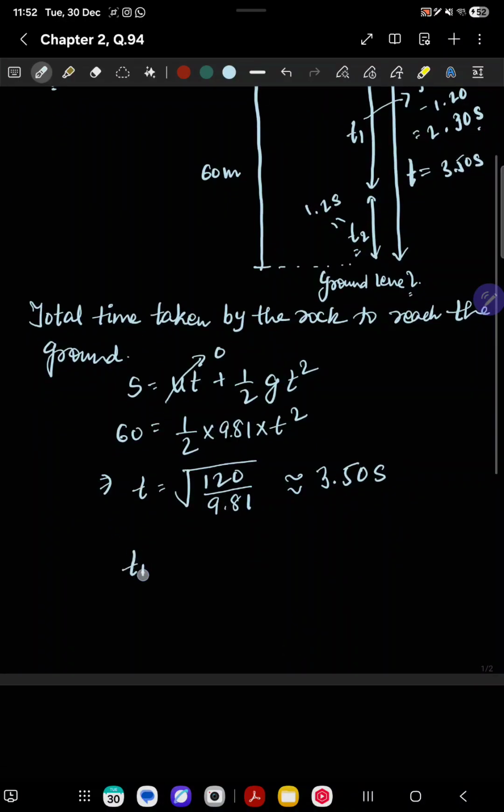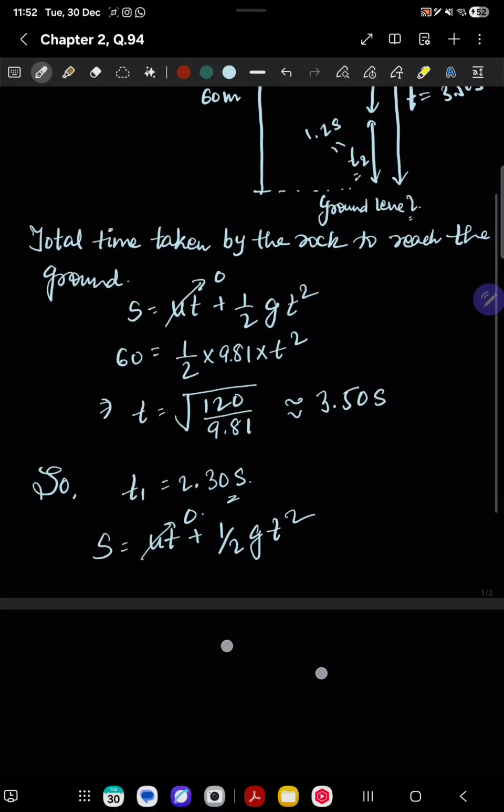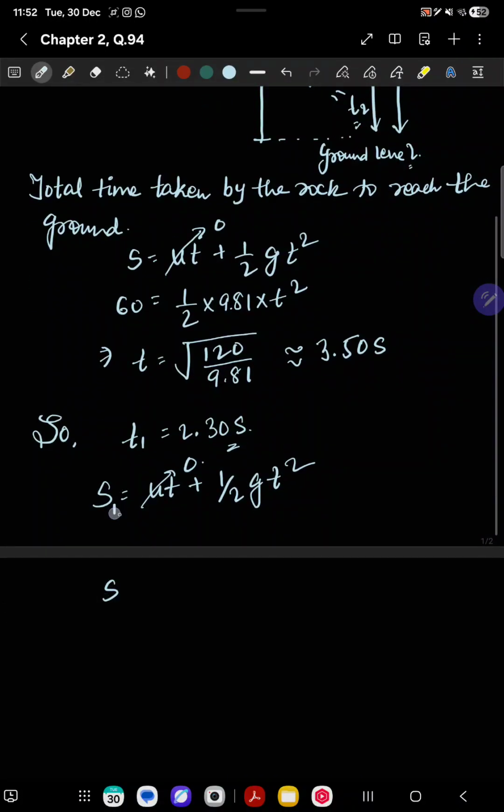So t1 I can write as 2.30 seconds. We just need to find out the position of this rock when it has traveled 2.30 seconds. So I can again write the equation s equal to ut plus half gt square. u is 0 as already given, so the new s I am writing as s1. s1 is half into 9.81 into 2.30 square.